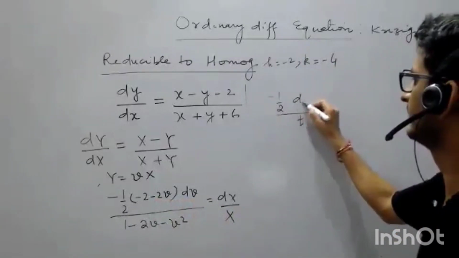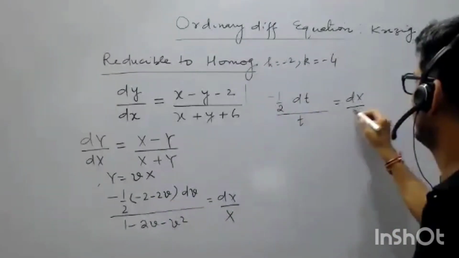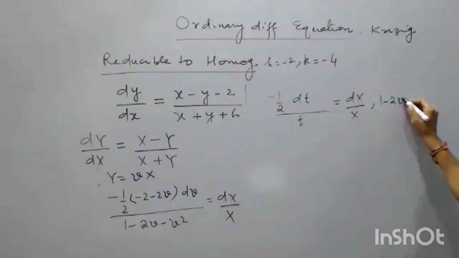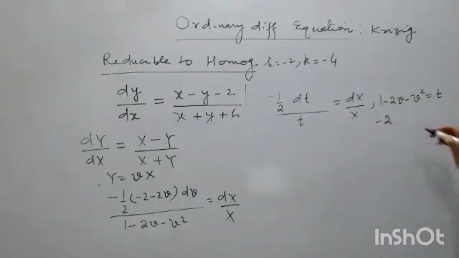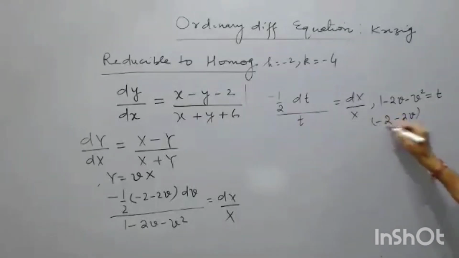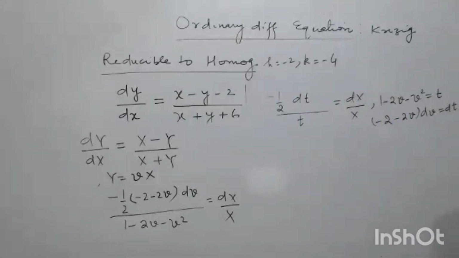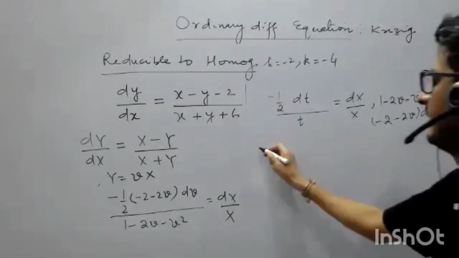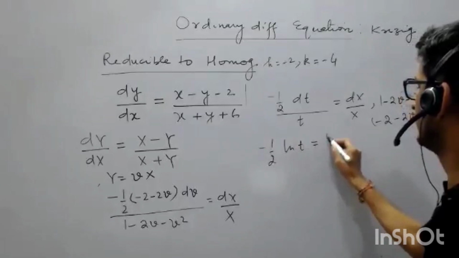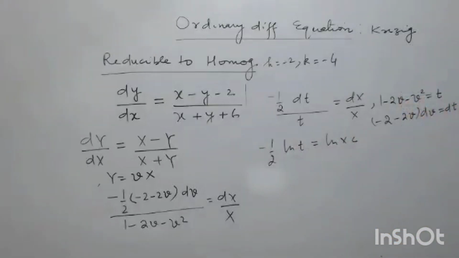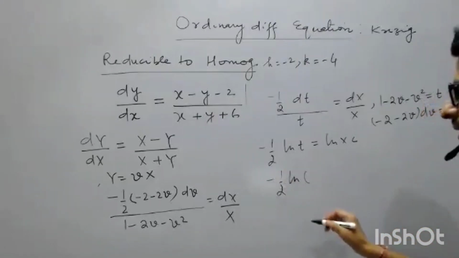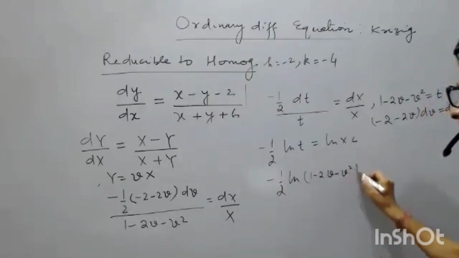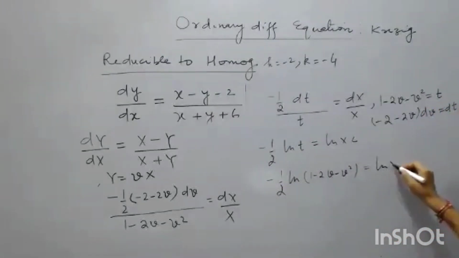So dt is equal to dX by X. I have substituted 1 minus 2V minus V square is equal to t, so minus 2 minus 2V dV is equal to dt. So this became dt and now you can simply integrate it. Minus half log of t is equal to log of Xc. Now go in the reverse process: minus half log of 1 minus 2V minus V square is equal to log of Xc.